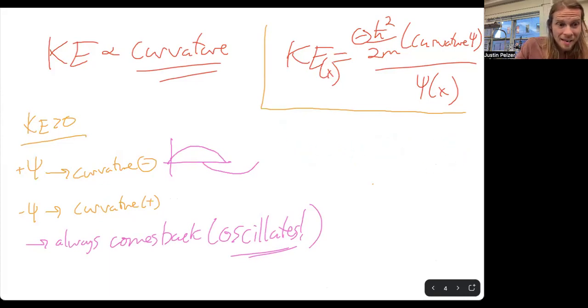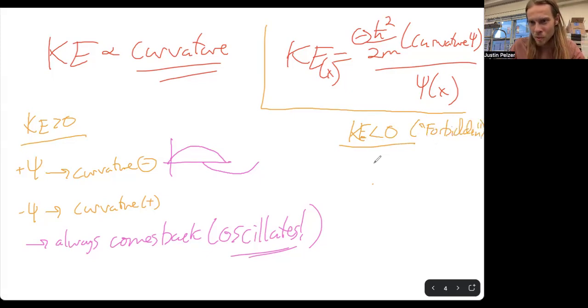What's interesting is that if we look at the other possibility where kinetic energy is negative, and I'm erasing that because we're really just going to want to know this. This is called classically forbidden, meaning that in our world, balls move like little ball objects moving at velocities, we can never have negative kinetic energy because 1/2 mv squared will never be negative.